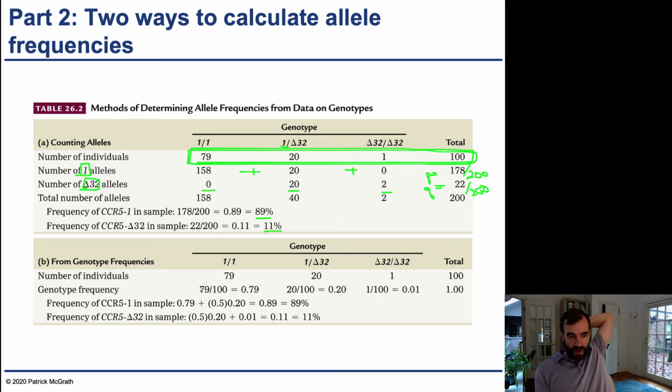All right, so we have calculated the allele frequency, and then if you wanted to calculate the genotype frequency, you would just divide these numbers by 100, since there's 100 individuals. So 79% are this genotype, the 1-1, 20% are heterozygotes, and then 1% are the delta 32 homozygotes.